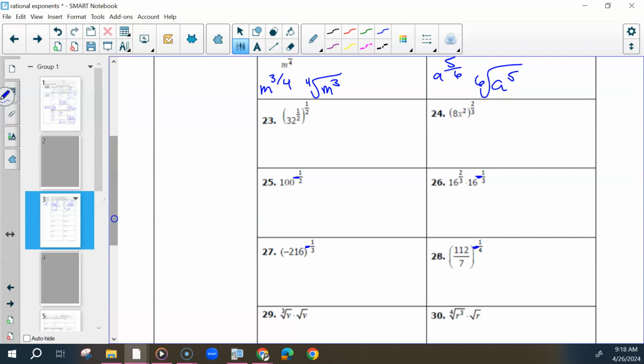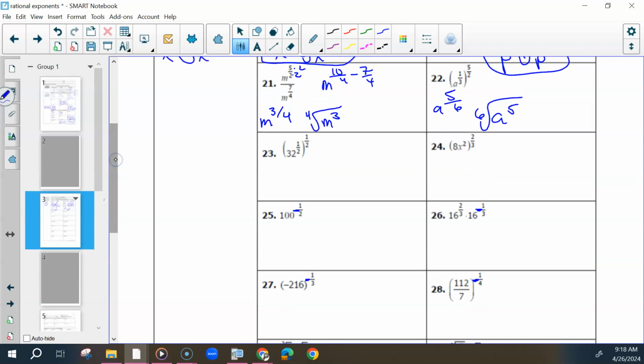But we're going to do 24. So with our exponent, we're going to do the same thing, multiply all of our exponents, but we have to remember about the exponent of 1.